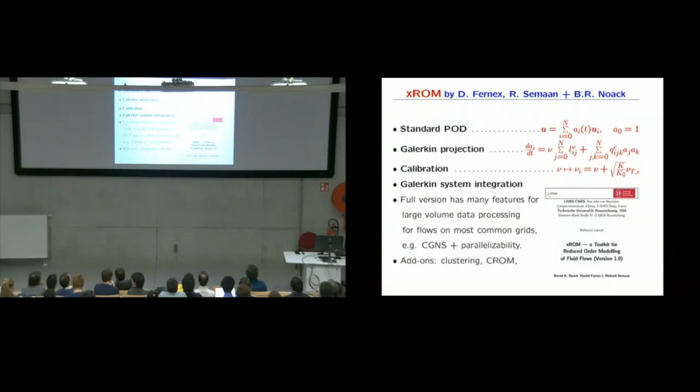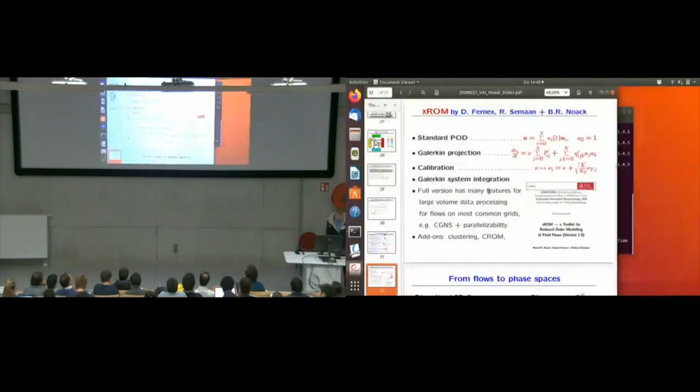There are strong arguments for that. This system has many features for large volume data processing and flows, most common in grids, parallelizable, and so on. So if you want to have more than, say, 100 2D snapshots, but a high volume, this may be a path you may want to go. And of course, there's documentation around it. And now I want to show it to you.